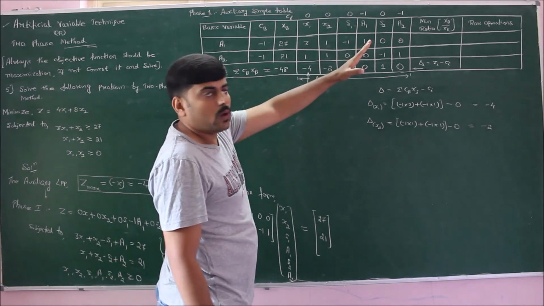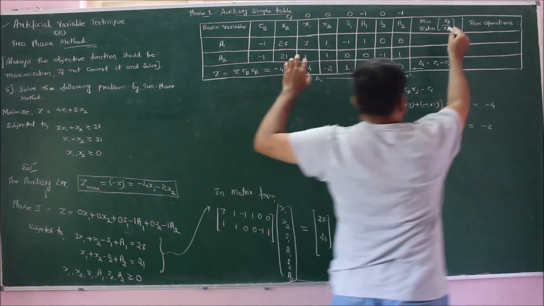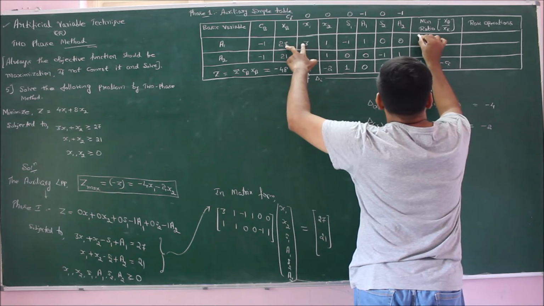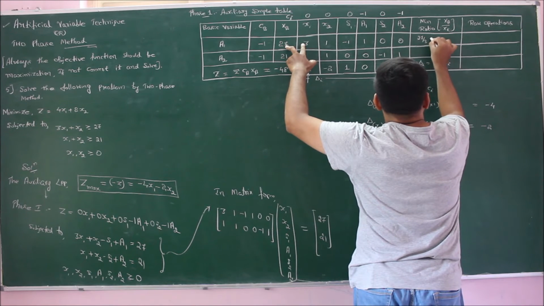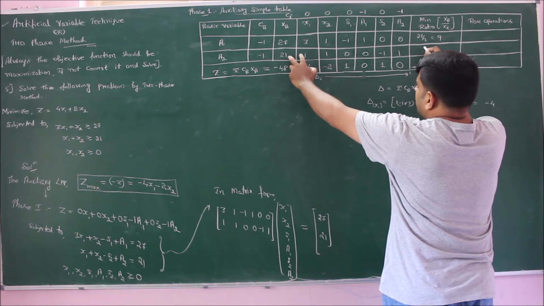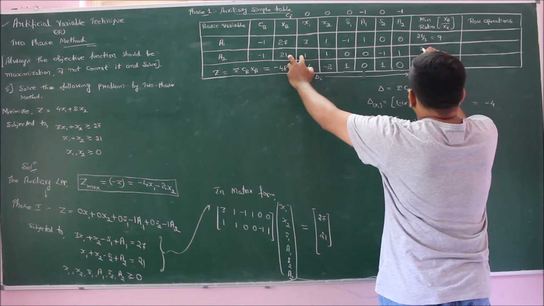Now to calculate the outgoing vector, I should calculate the minimum ratio of xb by xk. Now it will become xb by x1. So 27 by 3 is 9, 21 by 1 is 21.